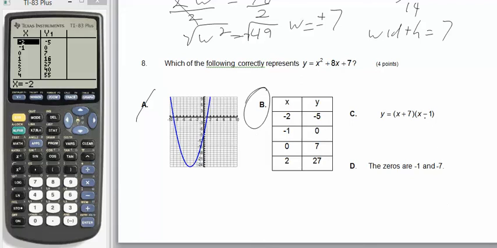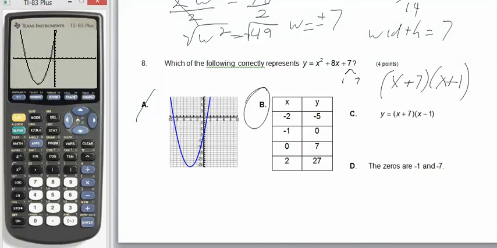Remember, if we factor this, factors of 7 that add up to 8. So that would be x plus 7, x plus 1. And then the zeros on this are negative 1 and negative 7.